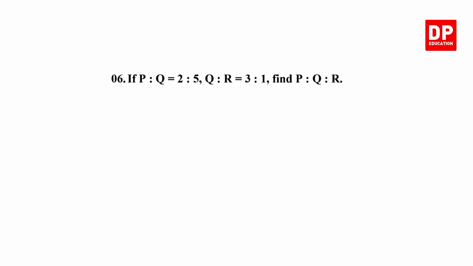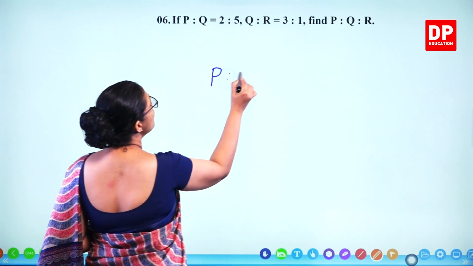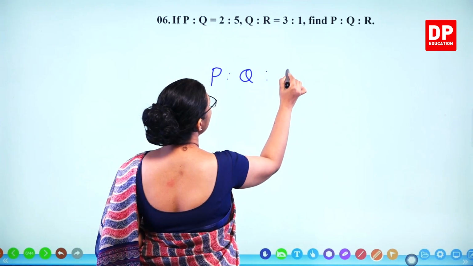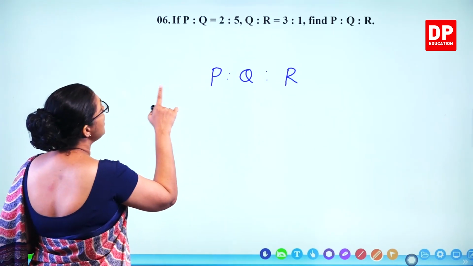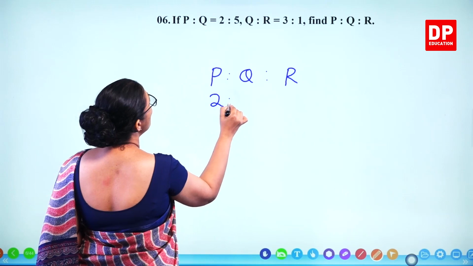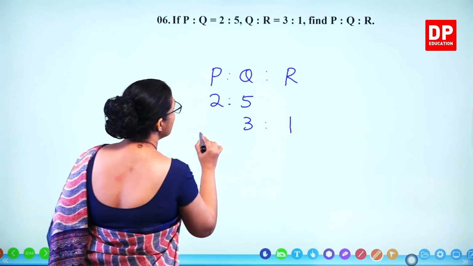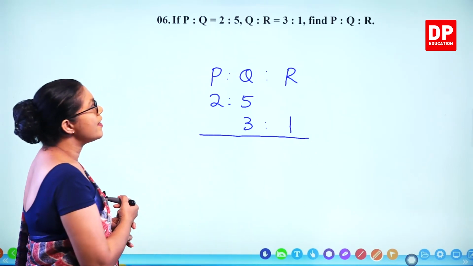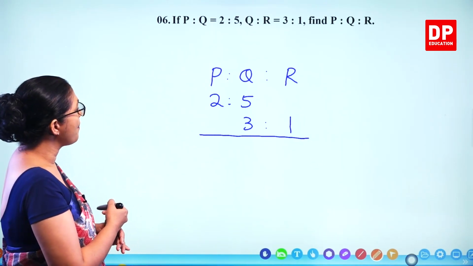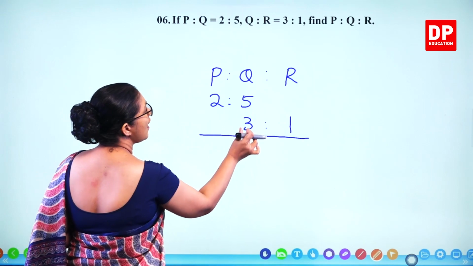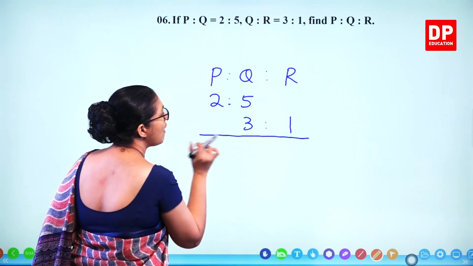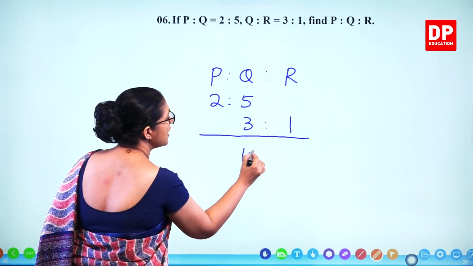Question number 6. P to Q to R you need to find. P to Q is 2 to 5. Q to R is 3 to 1. What's the common ratio? P to Q to R. So you can find the lowest common multiple of 5 and 3. That's 15.